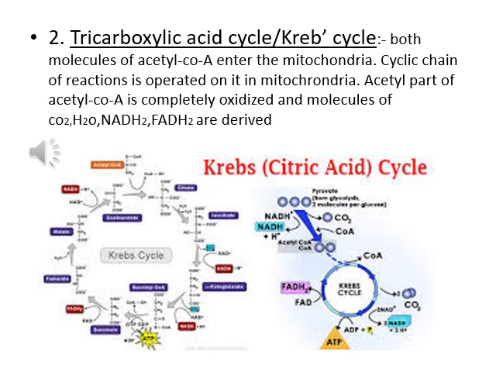chain reaction, and in this process the acetyl part of acetyl coenzyme A is completely oxidized and molecules of carbon dioxide, H2O, NADH2 and FADH2 are derived. You can observe the figure given on the screen.